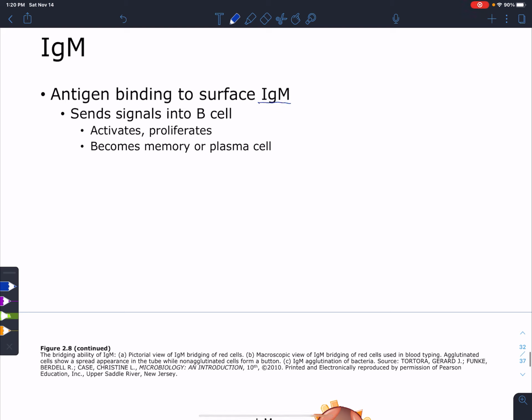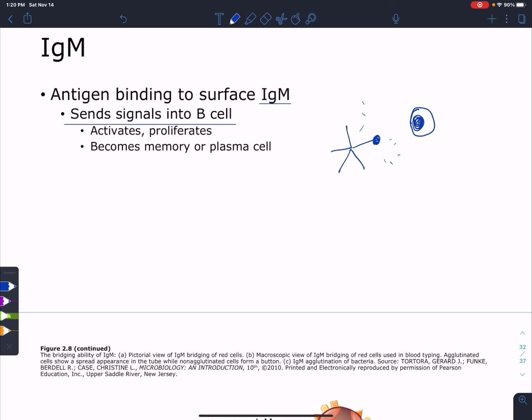IgM, you can see where it sends those signals to B cells, and this is important because when it finds something, if that IgM is out there and it finds this guy, it's got to send a signal out, because remember, it's not attached to all of your B cells. We've got some free floating too.